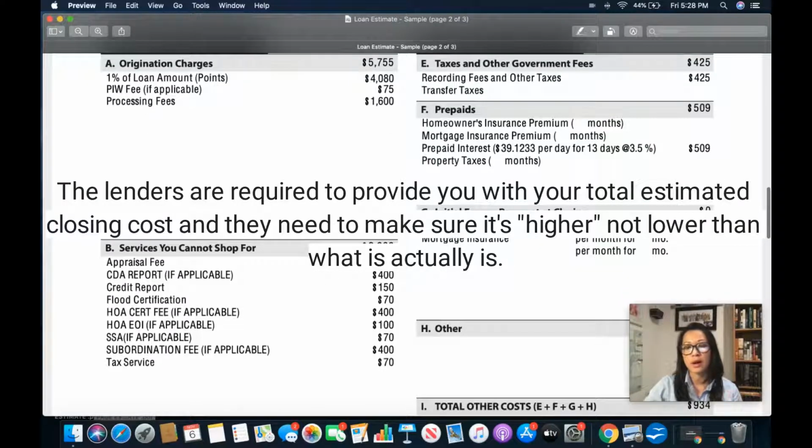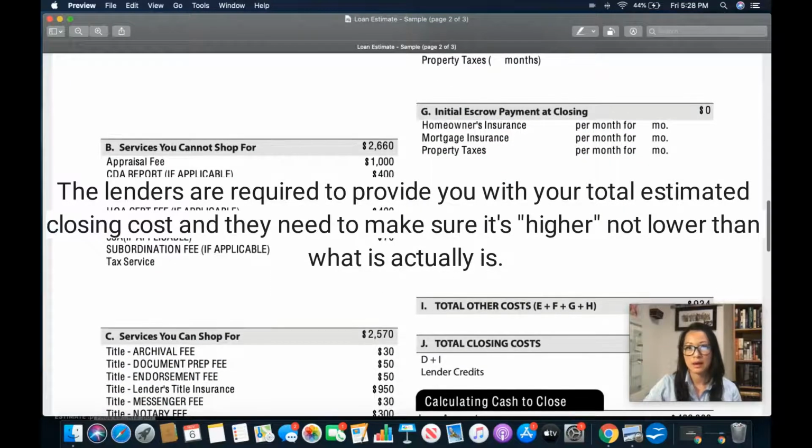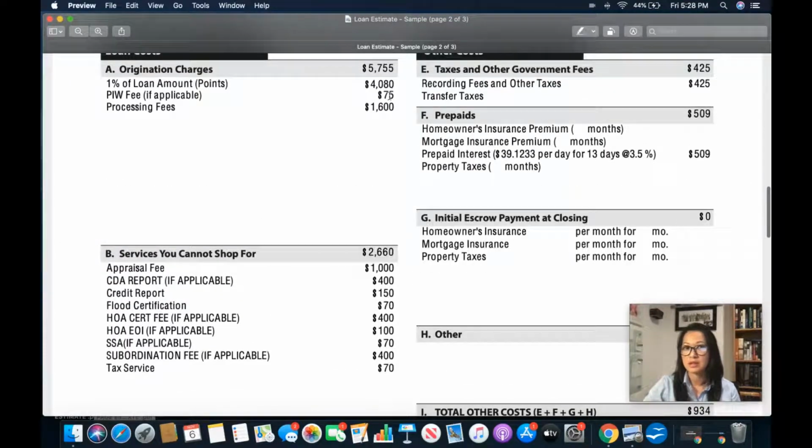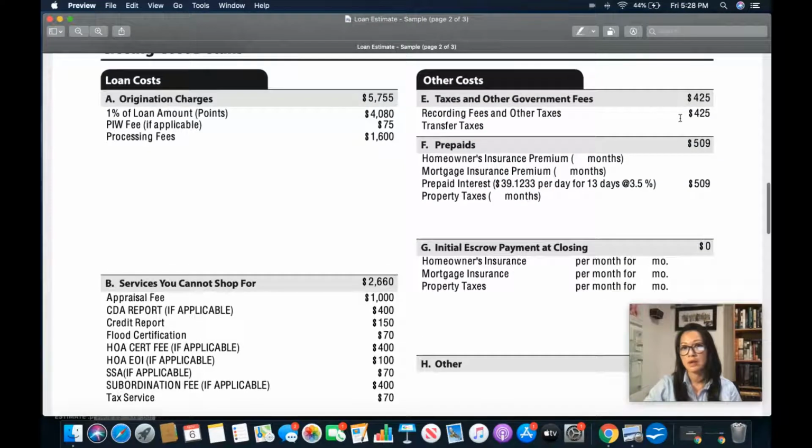So if one lender gives you a higher closing cost, it might not be because of their fees, and you want to pay attention to that. They might have estimated that your property tax was a little higher, and again, it's an estimate. If they estimated it to be a little bit higher, it will get readjusted later to show more accurately what it is.